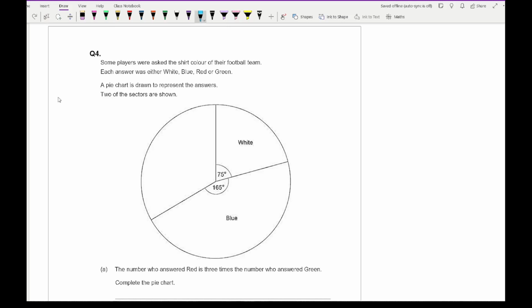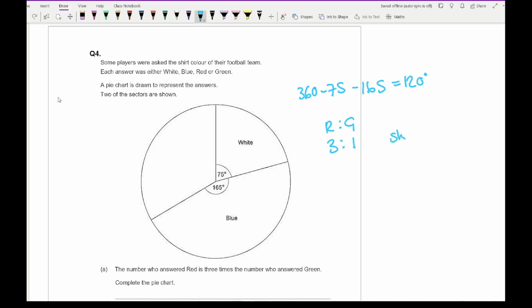So the first thing we need to work out is how many angles are left. So 360, take away 75, take away 165, and let me just work that out, gives me an answer of 120. So what I then need to do is, we've got red and we've got green, and it's in the ratio of 3:1.